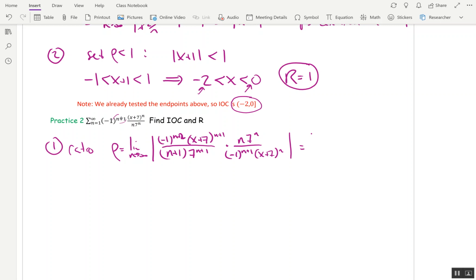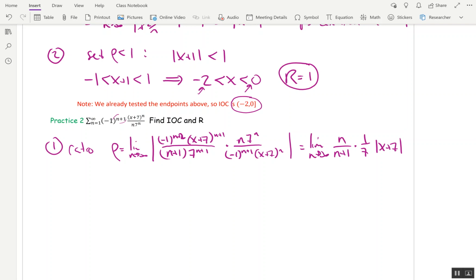All right, now back over here, I have (-1)^(n+1), (x+7)^n. Okay, that's the limit as n goes to infinity. The minuses are going to go away. I'll end up with an n over n plus 1 and a 1/7 and an absolute value of x plus 7.